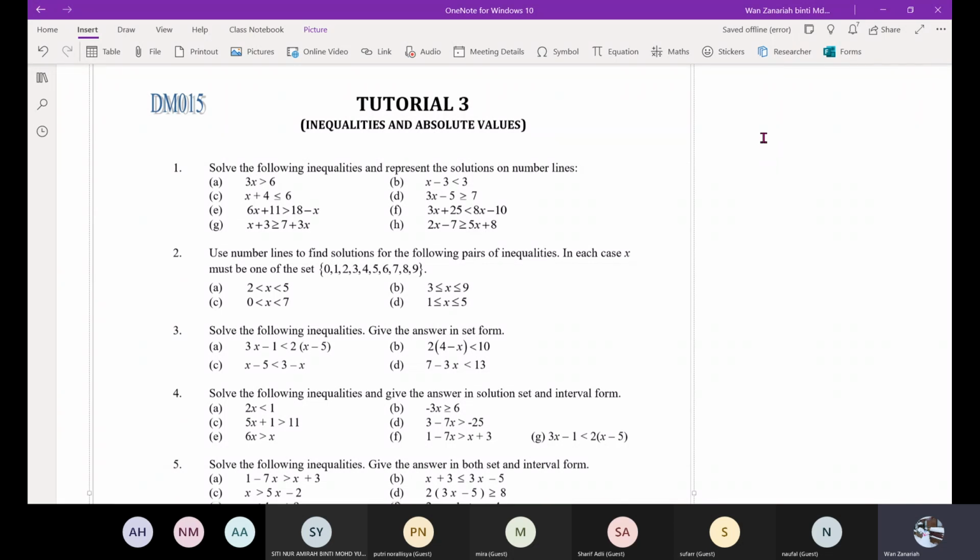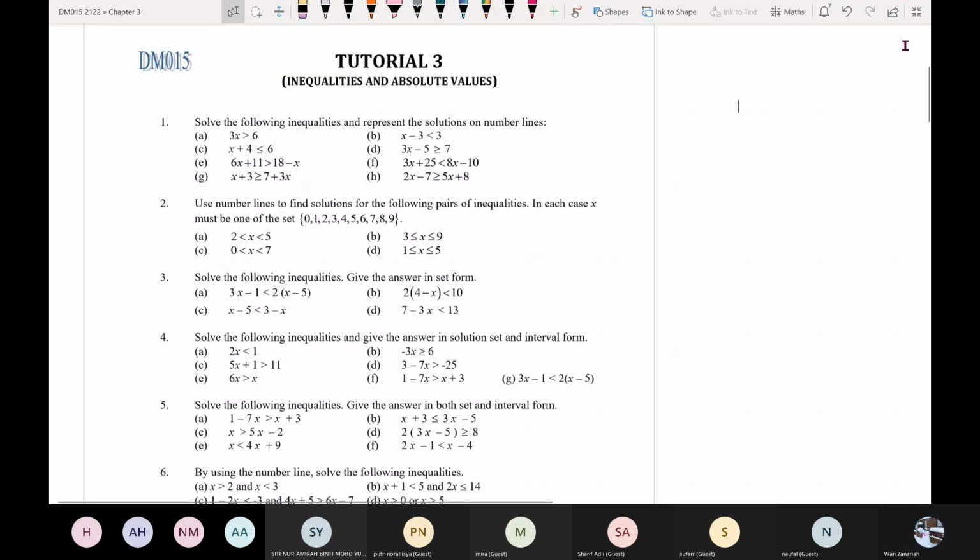Okay, today we are going to continue our discussion on tutorial 3, inequalities and absolute values. We have done all the exercises in the notes given to you. So far, how many questions have you done? 17.